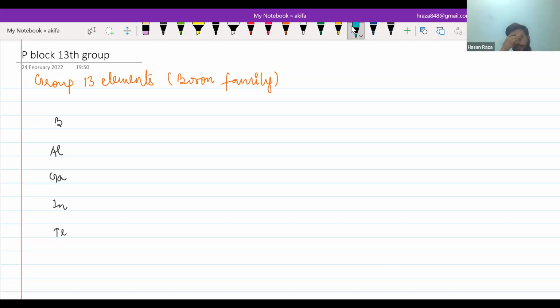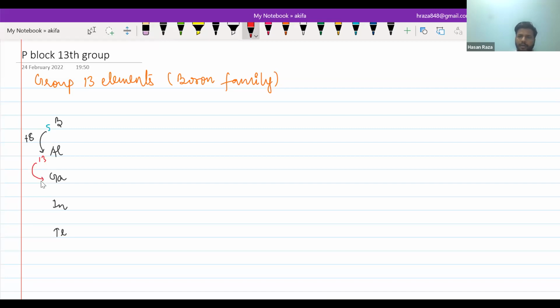Now see how we find atomic numbers in a group. There is a magic number. We know the atomic number of boron is 5. Whenever you want to calculate the atomic number of the next element in the same group, you just add 8. So it will be 13.